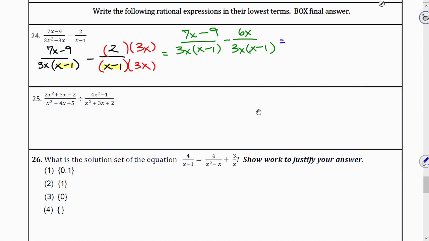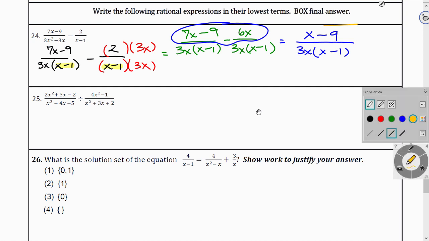The bottom is just my 3x times x minus 1. The top has this, where 7x minus 6x is just x, and the top is minus 9. Now, could I factor anything and cancel anything off? The answer is no, and so this right here is my answer.